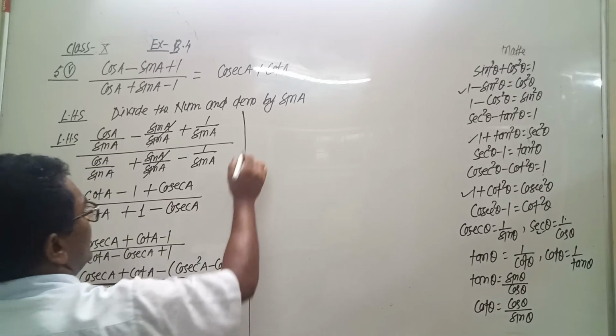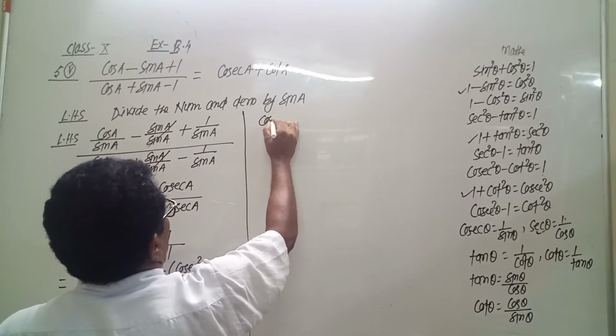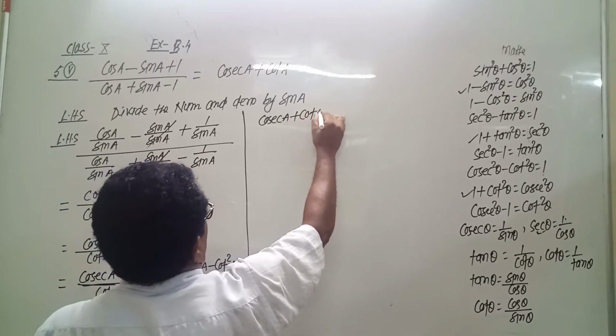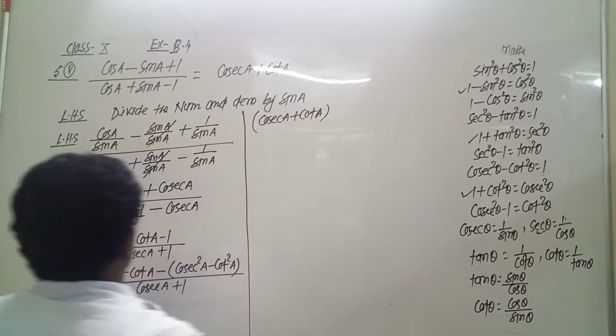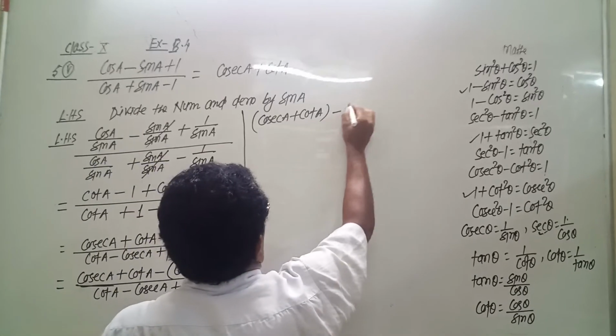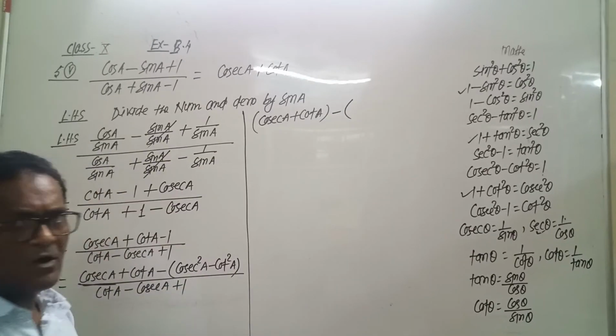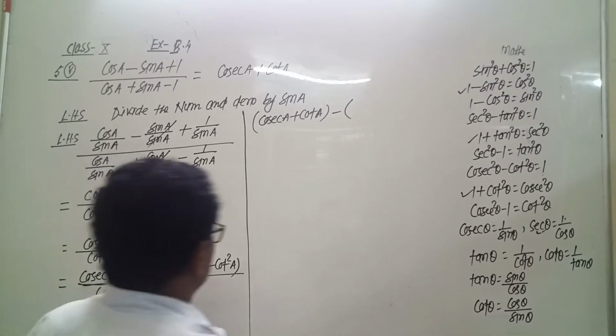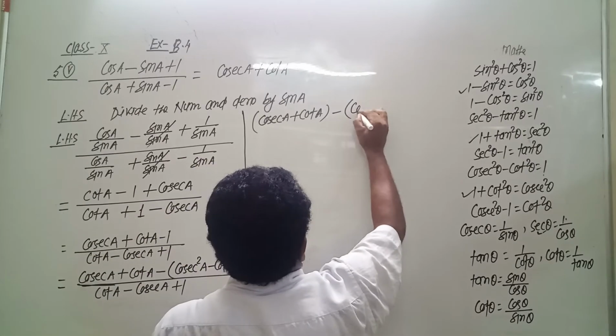Then cosec A plus cot A minus, this will be expanded on the formula A square minus B square, which is equal to (A plus B)(A minus B).